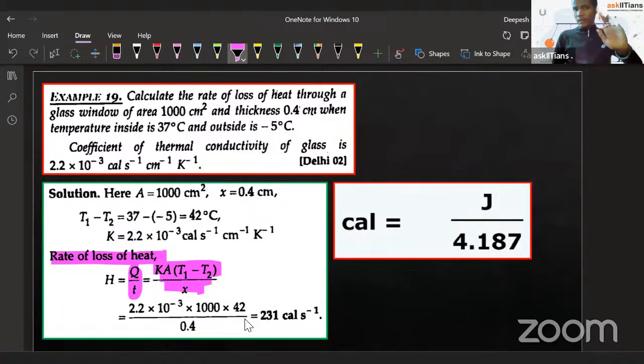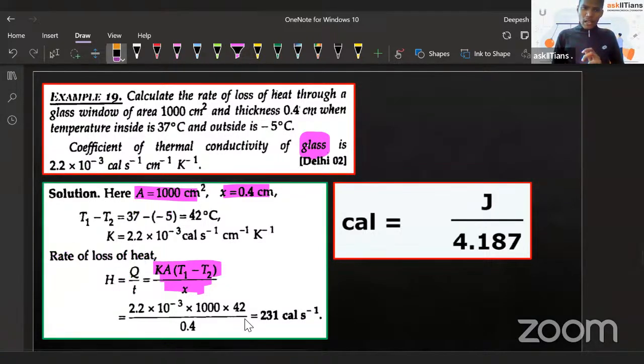All the other things are given in this question, that is area, x, change in temperature, and the coefficient of thermal conductivity of glass. As I told you, it depends upon the type of material you are using, so it will be given because it's a constant.